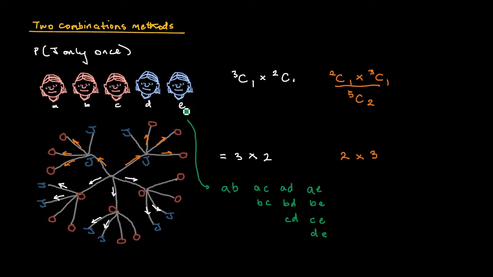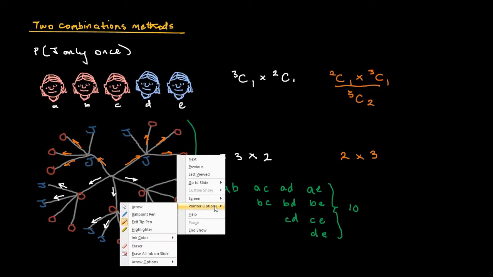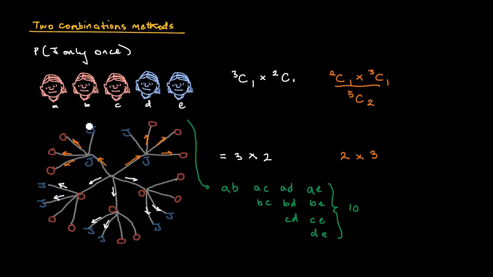And E, obviously, I can't choose any of these because I would be repeating some combination that I have up here. So if we look at how many we've got now, we've got 4 on this row, 3 on this row, 2 on this row, and 1. So the total number of combinations, as predicted by the formula that we are using, is 10, which is exactly half the number of permutations that we have around the outside here.